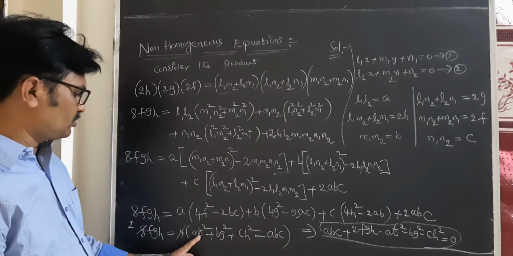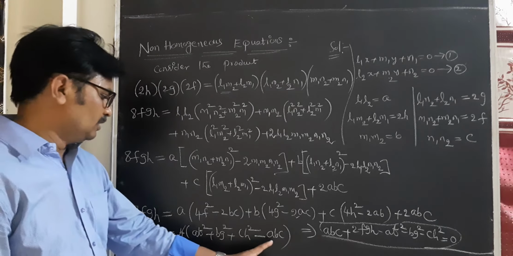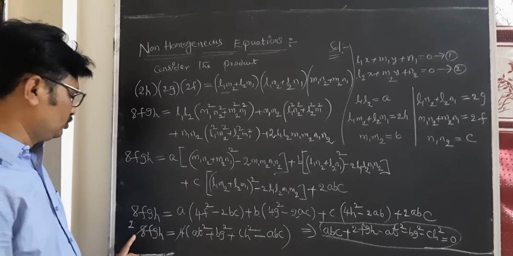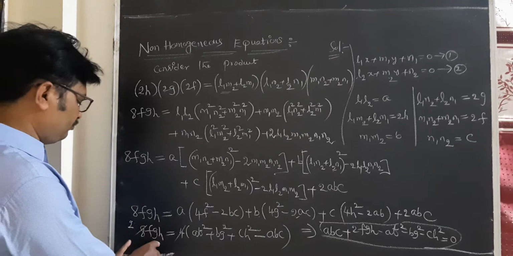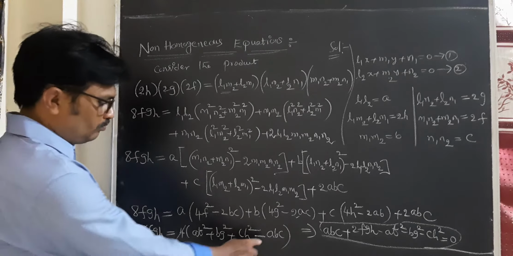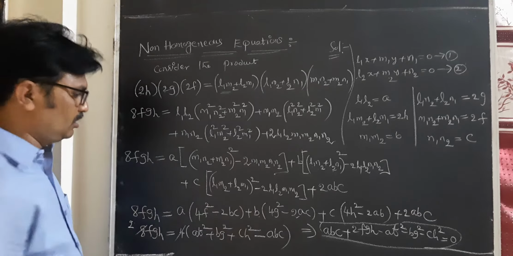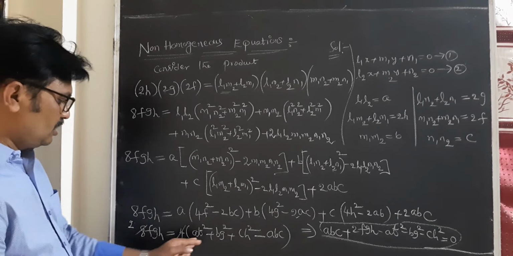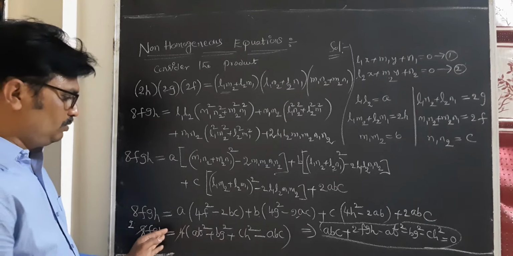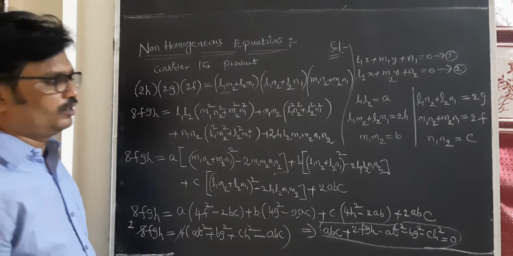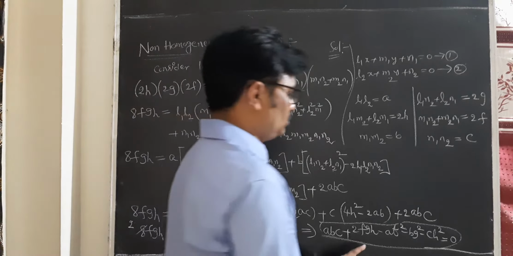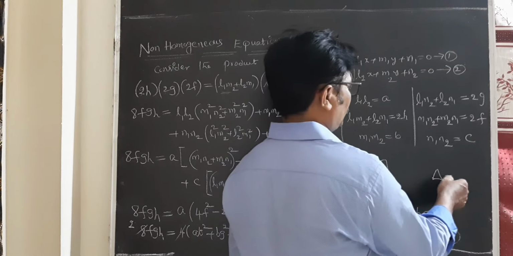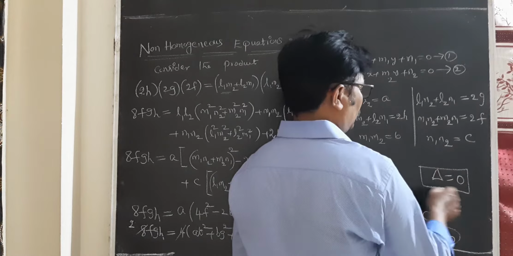4 into af square plus bg square plus ch square minus abc. 4 ones are 4, 2s are. 2fgh minus abc, taking to the other side, plus abc plus 2fgh minus af square minus bg square minus ch square equal to 0. Simply this is denoted by delta. Therefore delta equal to 0.